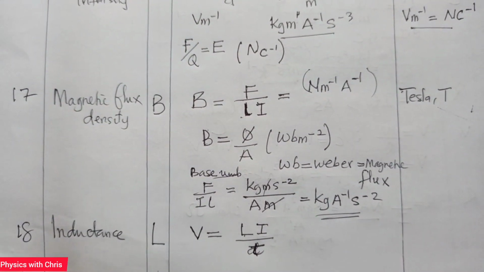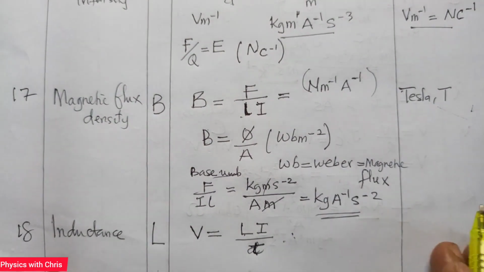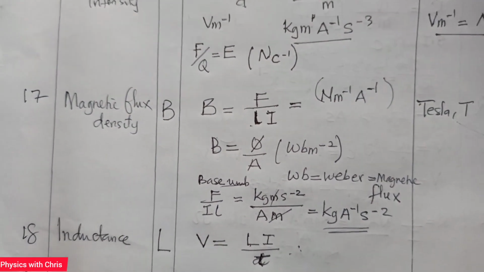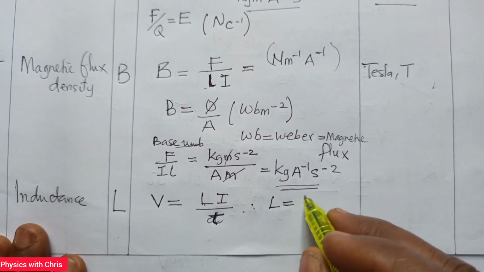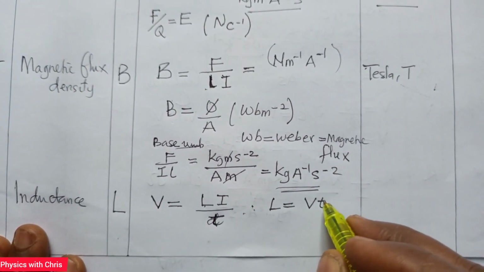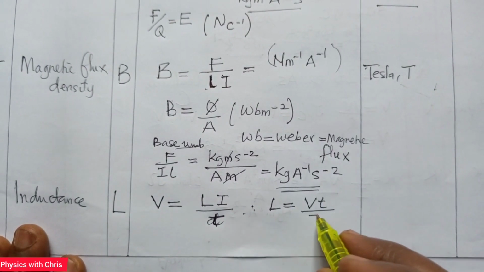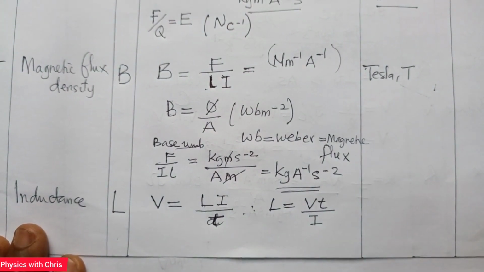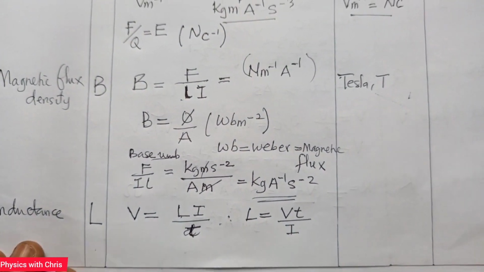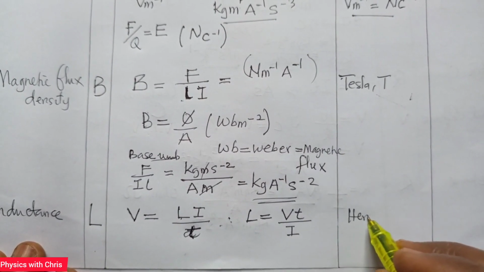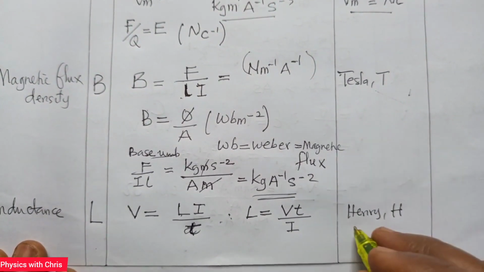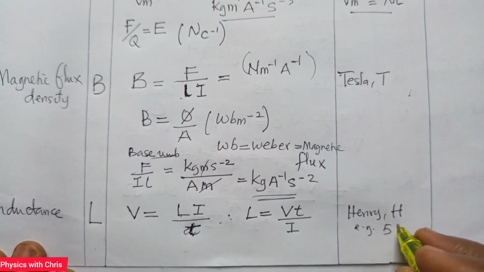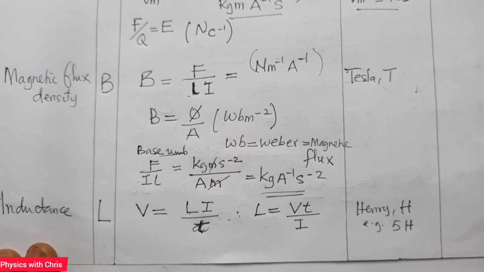So the inductance, the symbol is L. If I make that the subject of the equation, I'm going to have L equal to potential difference times t, that's time, over current I. So the SI unit of inductance is the Henry, H, in honor of Mr. Henry. I can have an inductance of, for instance, 5 Henry. You see that now? That's the unit of inductance.